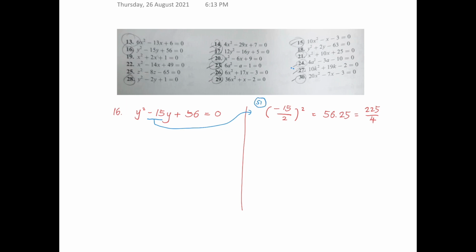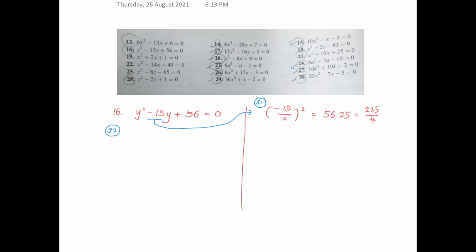Step 2 is you have to add this fraction, and you have to minus this fraction in our equation here. You have to add and minus. You have to plus 225 over 4 and minus 225 over 4.